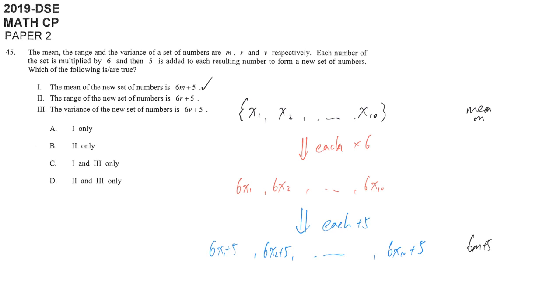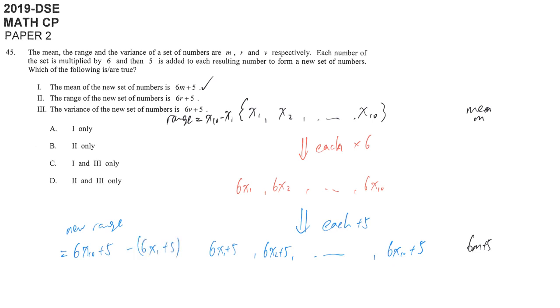Now we are talking about the range here. The range in the original set of data is equal to x10 minus x1. And then the new range is equal to 6x10 plus 5, and then minus 6x1 plus 5.